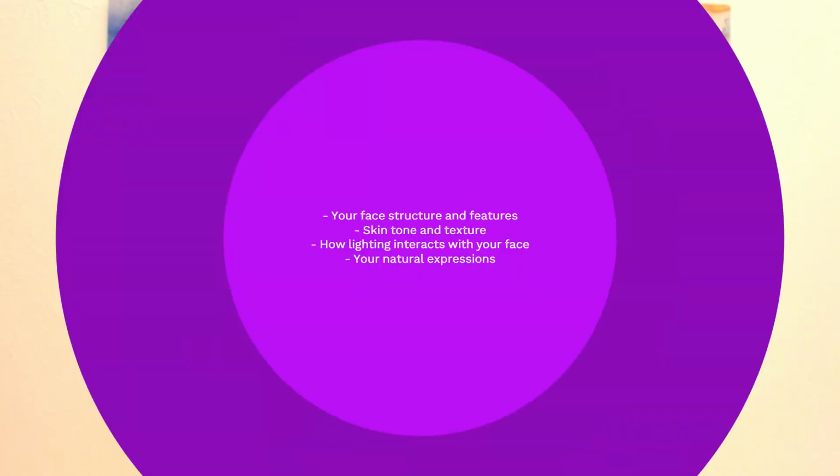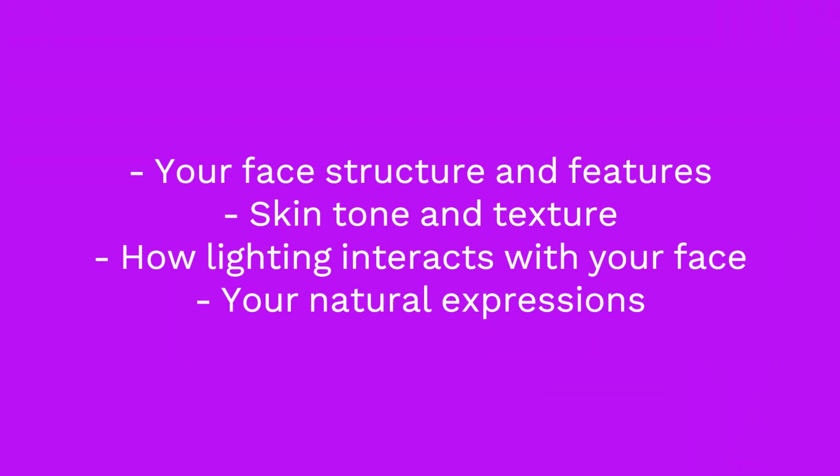The model learns your face structure and features, skin tone and texture, how lighting interacts with your face, and your natural expressions. Then it generates completely new images in professional settings. Different outfits, different backgrounds, different poses, and lighting for your face.